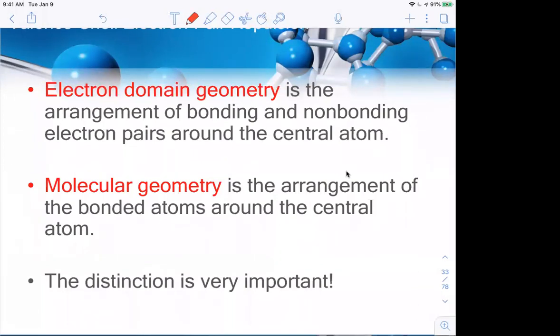This distinction is very important. Electron geometry includes all of the groups, and that's going to define the basic geometry of the molecule. But when I consider the molecular geometry, I'm just looking at the shape that the atoms make. So, a very important distinction.